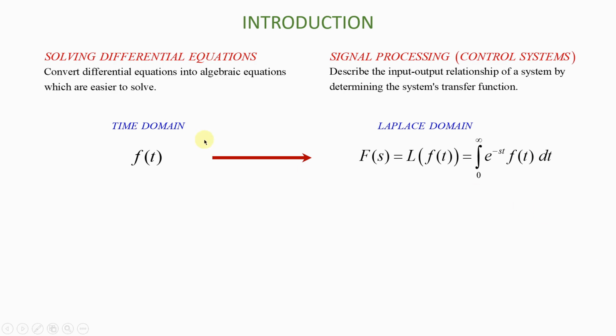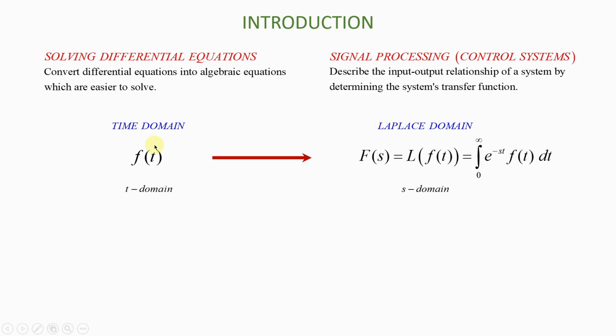And now, because in the time domain we use the letter t to refer to time, the time domain, therefore, is also called the t domain, okay? And in the Laplace domain, we use the letter s, okay? F is a function of s, therefore the Laplace domain is also referred to as the s domain.